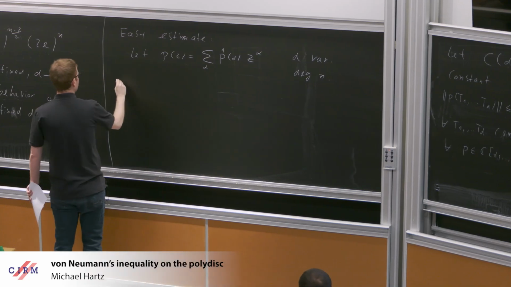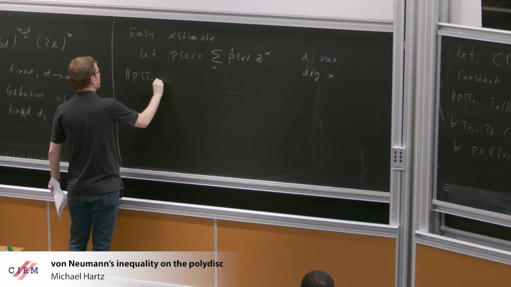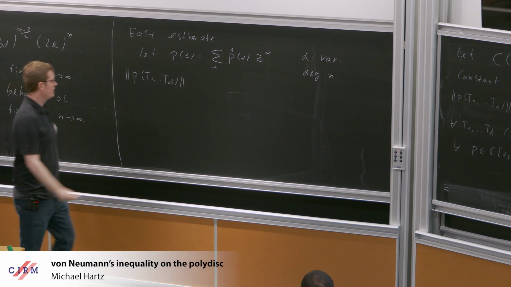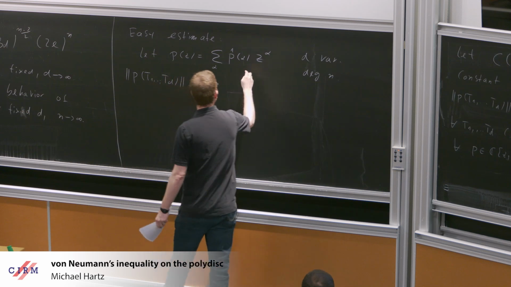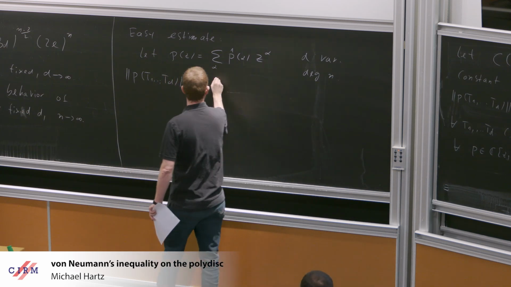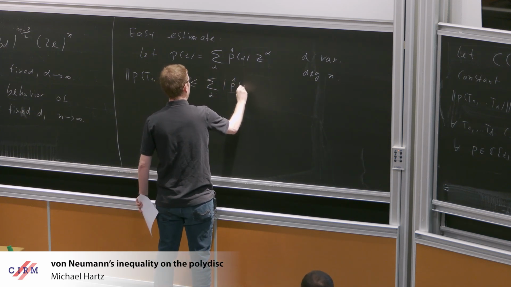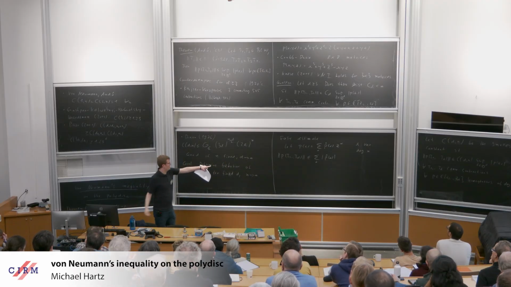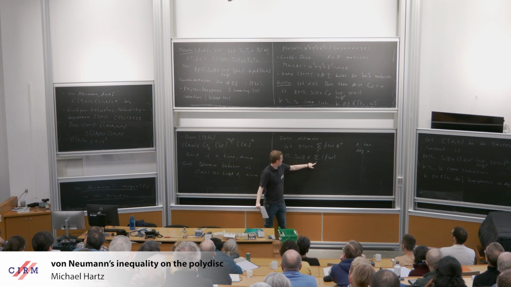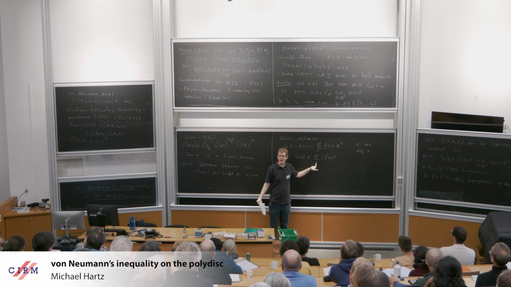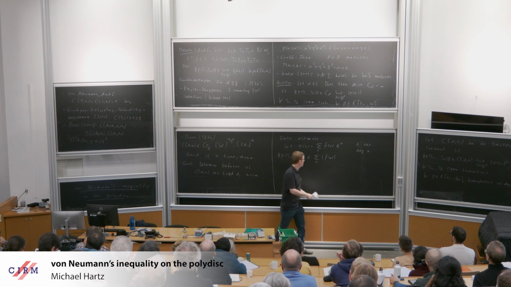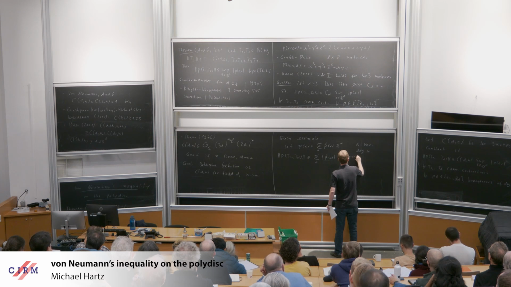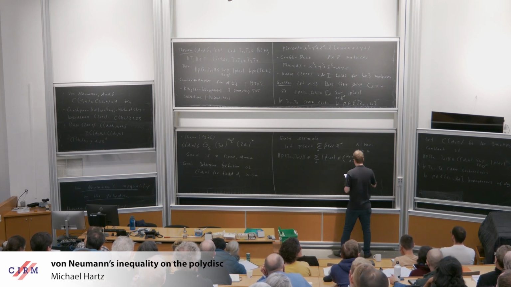Then if you plug in some tuple of commuting contractions, you can use the triangle inequality. Because all of these are contractions, you can estimate this against 1. So this is at most this here, right? Then you can use Cauchy-Schwarz, and you have to know how many things you're summing, but that's the dimension of the space of homogeneous polynomials of degree n in d variables. So this is the binomial coefficient (d+n-1 choose d-1) to the 1/2.